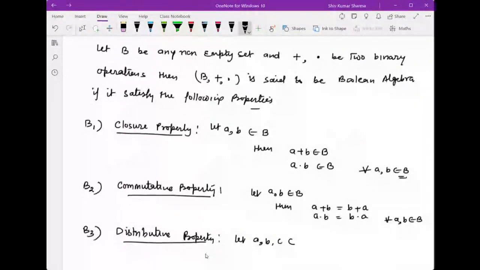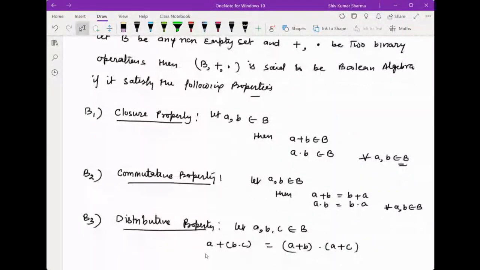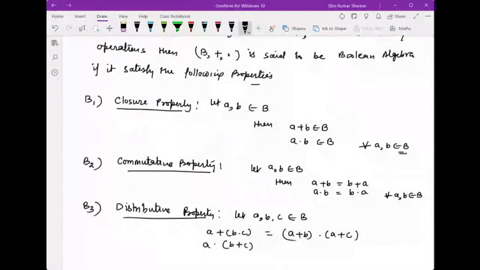Let A, B, C be three elements of the Boolean algebra, that means the set B. Then A plus B into C is equal to A plus B into A plus C. Addition is distributive with respect to multiplication, and multiplication is distributive with respect to addition, so this can be written as A into B plus A into C. This third property is denoted as distributive.